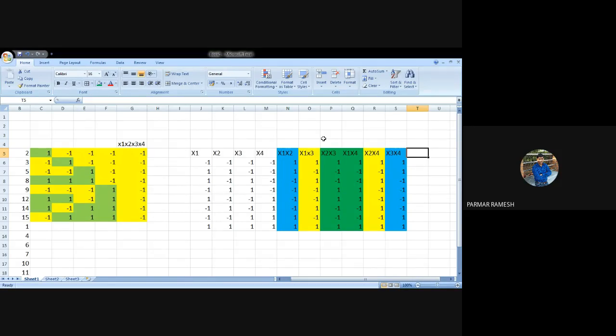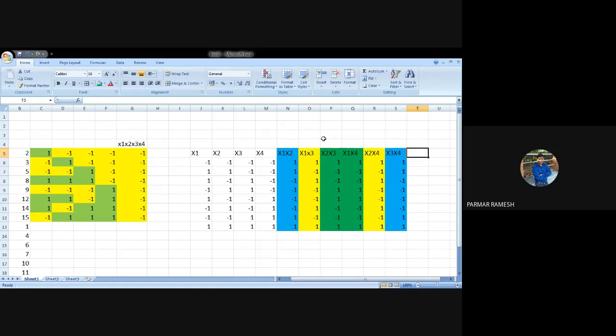So we cannot differentiate between these, and hence this phenomenon is called confounding, as it is confusing. So in a fractional factorial design, we must compromise with the interaction terms. We are not getting a proper idea about the interaction terms. That is called confounding, and that is the limitation of fractional factorial designs.